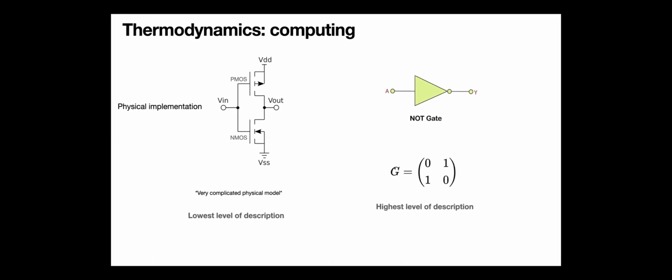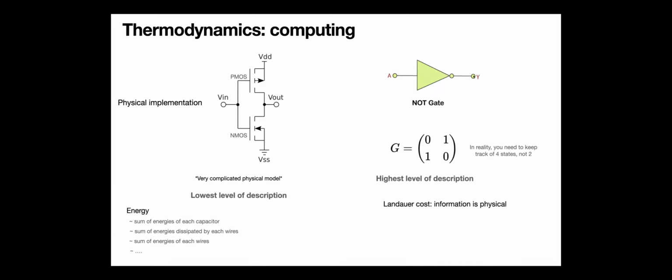But you can also go a little bit deeper and think of the input and output as having 2 registers. And then you need to think of these flips as transitions between 4 possible states. So depending on the level of description you decide to stay on, you have different levels of entropy production. And this is because of coarse graining.